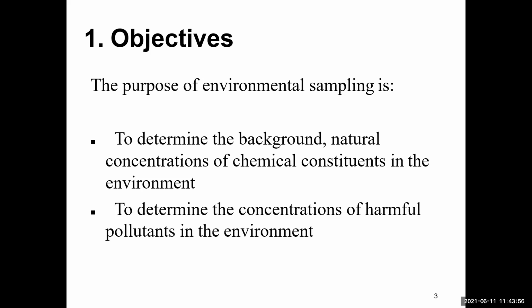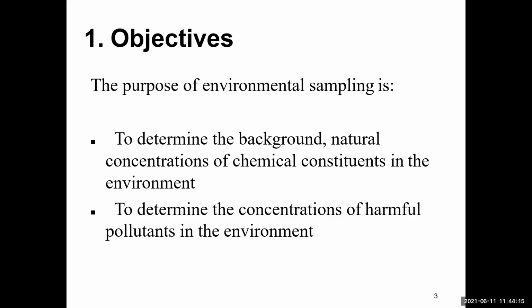So these are the pollutants: primary pollutants and secondary pollutants. A primary pollutant is directly emitted into the atmosphere, like any types of gases. Secondary pollutants are not directly emitted into the atmosphere.